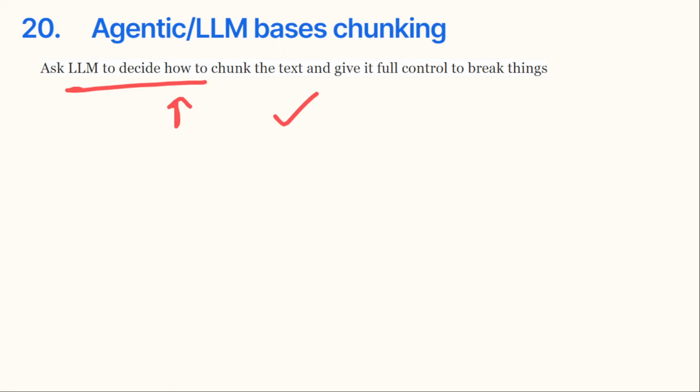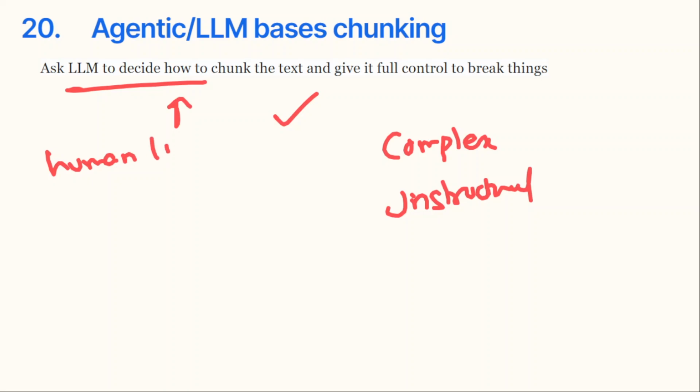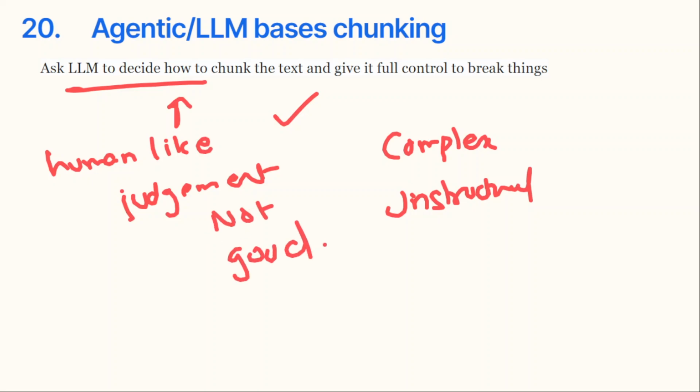You can use it wherever you have a complex document that doesn't follow any structure, unstructured, or where human-like judgment is not good. There you can follow agentic or LLM-based chunking.